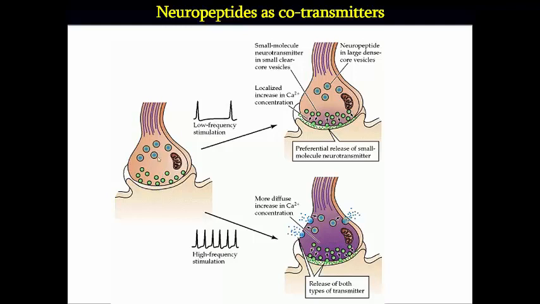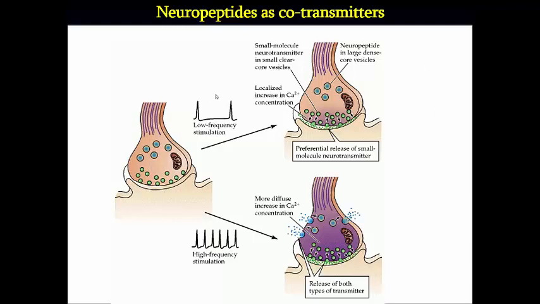Here they are shown in blue. To provide an example and at the same time to show the role, let's consider substance P in these blue ones, and glutamate in green ones, and that this is a synaptic contact in the dorsal horns, where we have the first contact of pain transmission.